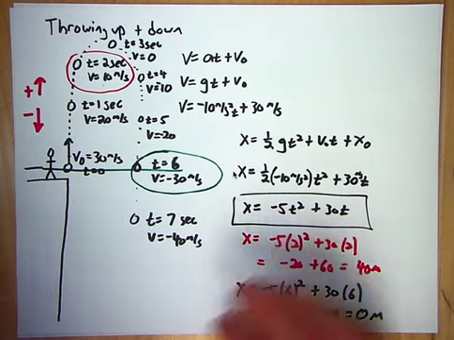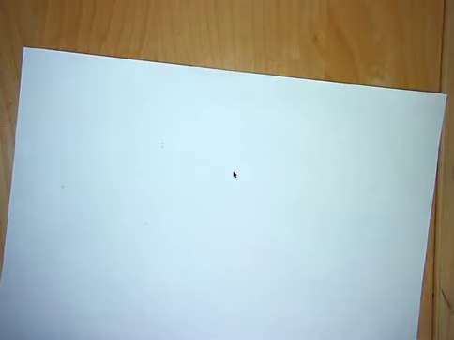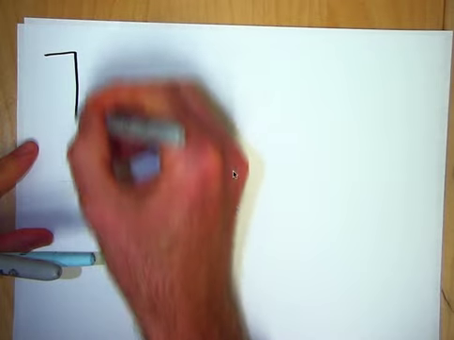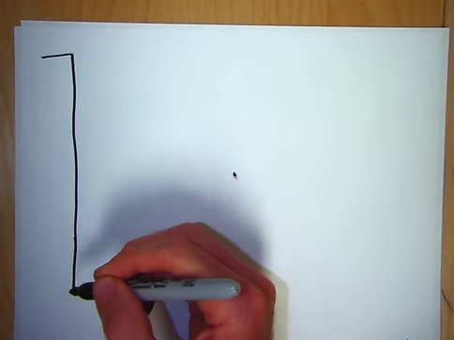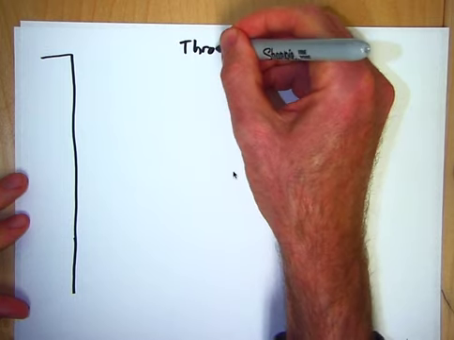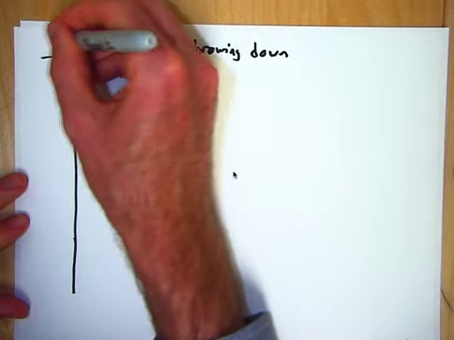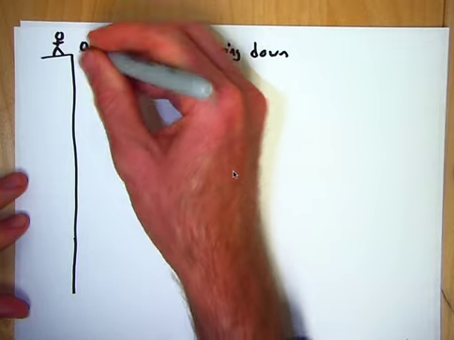And lastly, we can just do a quick example of throwing down. Let's see. Throwing down, similar ideas. Give myself some space. Label this one throwing down. There you are, throwing a ball.